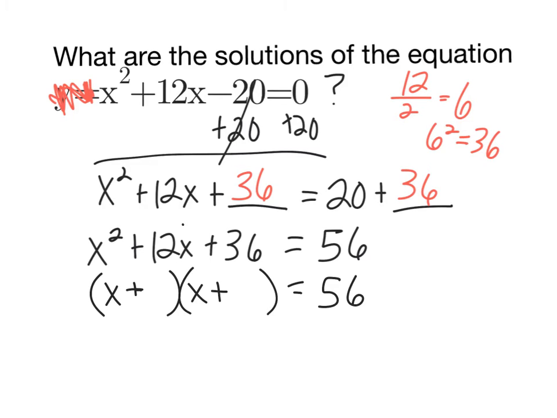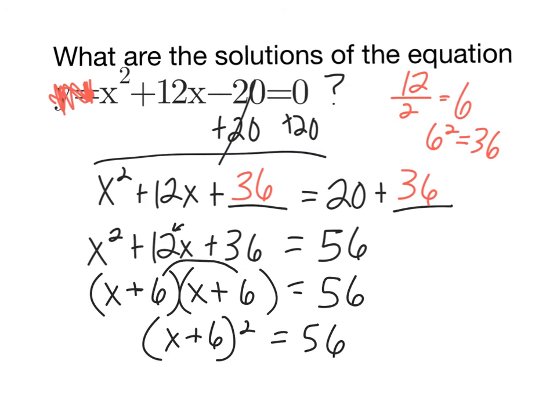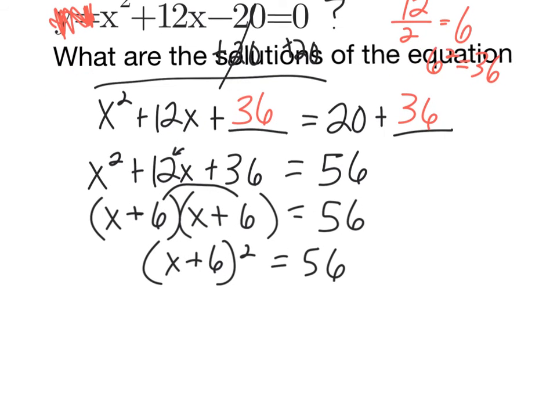So really, if you just take half of your b value, half of 12 is 6. We put that on both of them and then double check. 6 times 6 equals 36. So we should be good if we FOIL that out. So that's going to be x plus 6 quantity squared. And now we're ready to finish this off.